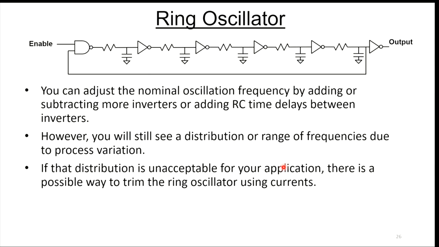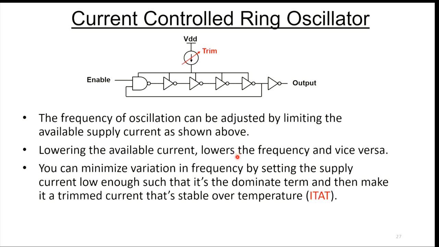However, there's still going to be a range of frequencies just due to process variation. And if that distribution is unacceptable for your application, there is a possible way to trim a ring oscillator using currents, and I'm going to show how that works.